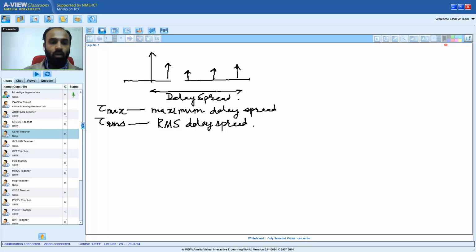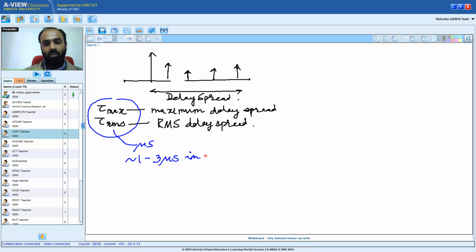And also we saw that these delay spreads, both the RMS and the maximum, are of the order of microseconds, typically 1 to 3 microseconds in outdoor channels.